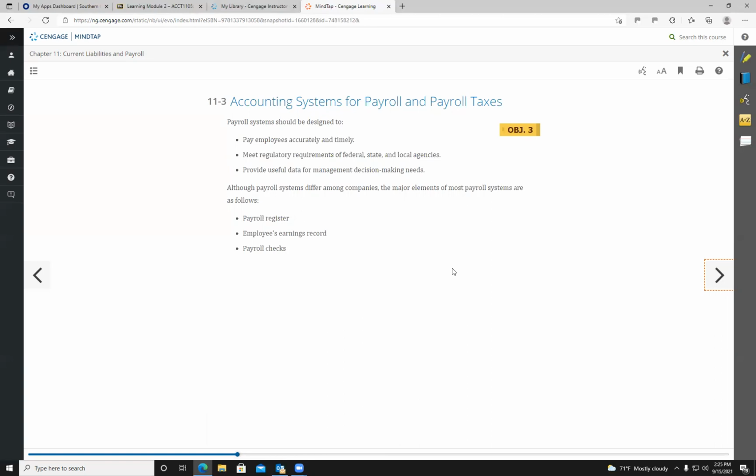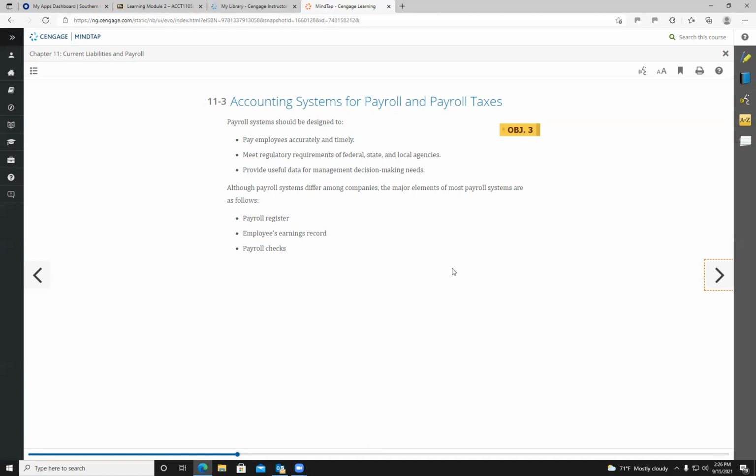It should meet regulatory requirements of the federal, state, and local agencies and provide useful data for management decision-making needs. So whatever system you set up to calculate, record, and process payroll should meet these three requirements.